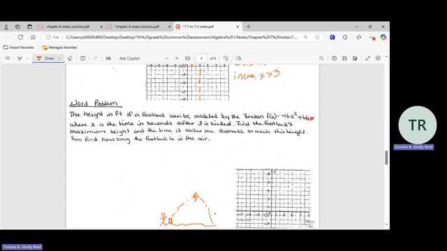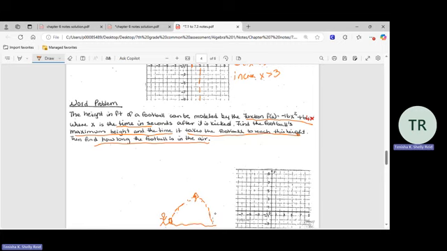The maximum height is therefore going to be the vertex of whatever this is. So here's the function. They want to know what is the maximum height and the time it takes to reach this height, and then how long it's in the air.